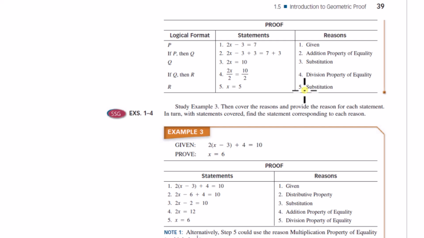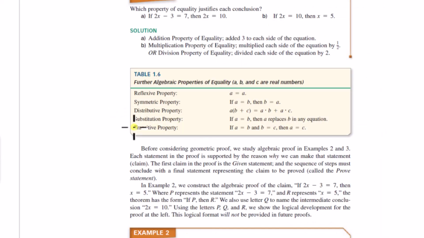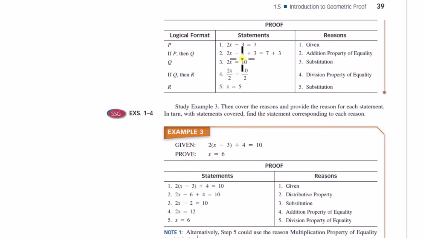So let's come back to the substitution property: if A equals B, then A replaces B in any equation. What they're saying is that A is like 2x minus 3 plus 3, and B is equal to 2x.